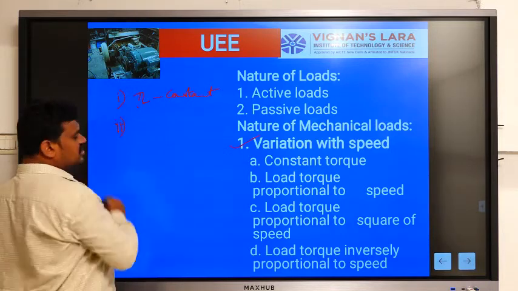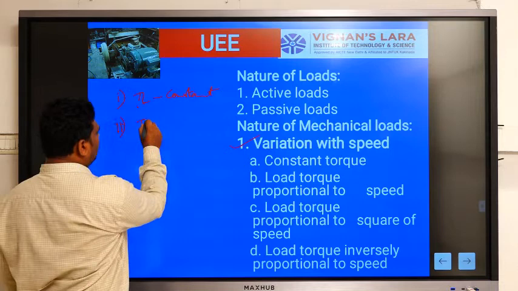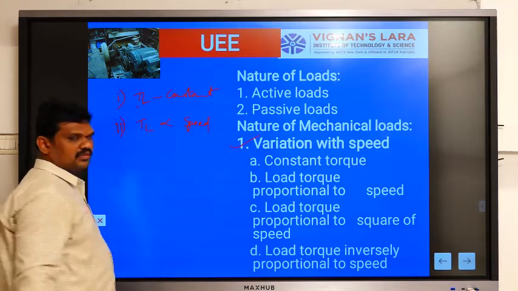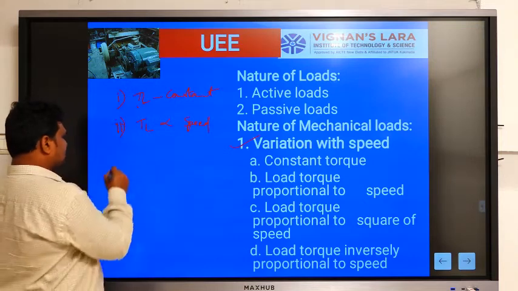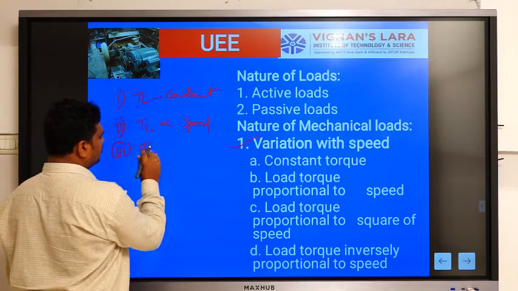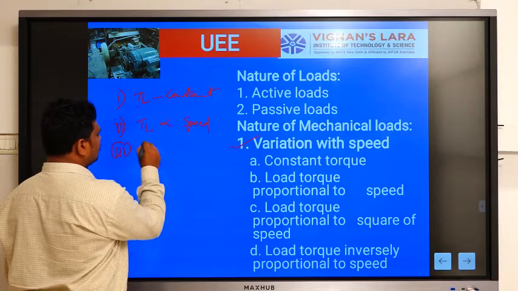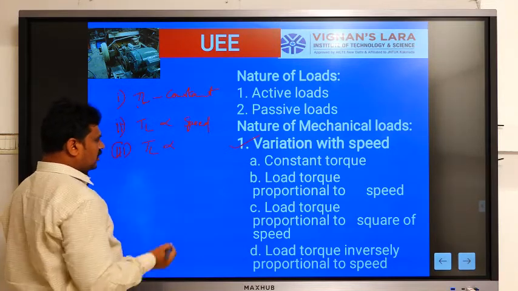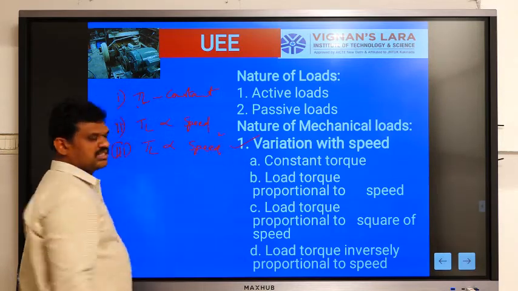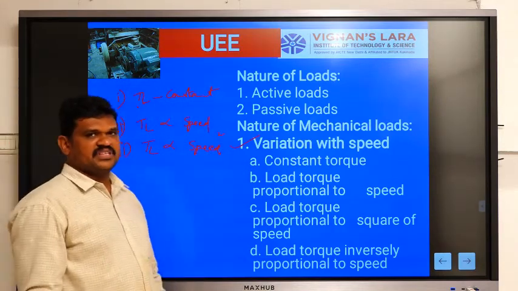For certain loads, the load torque is proportional to speed, like fans. For some loads, it is proportional to the square of the speed, like centrifugal pumps.